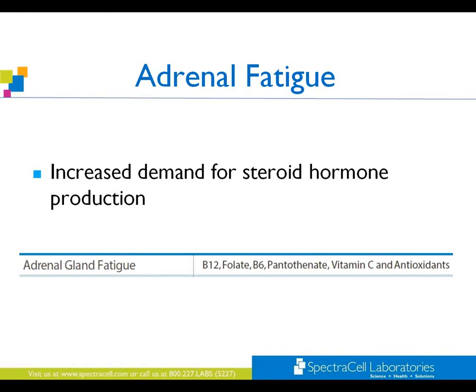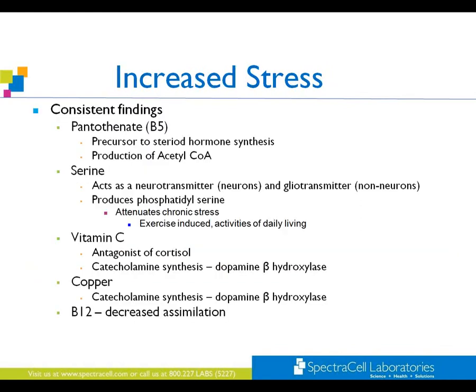What we're really trying to do is utilize this information to help us better understand the stress state the individual is in, how severe that is, and how far-reaching the effects are in other systems in the body. The way we go about doing that is by looking at this collective of nutrients on the slide, and we start with B5.